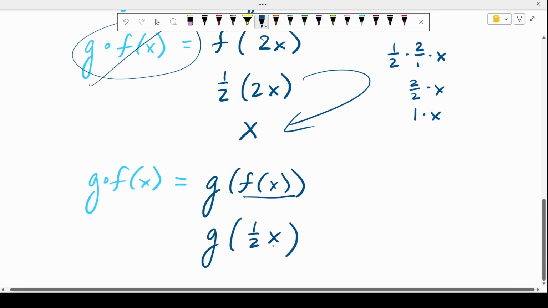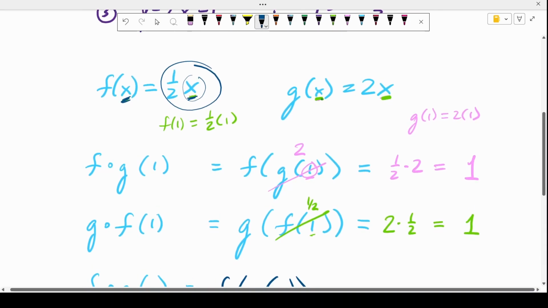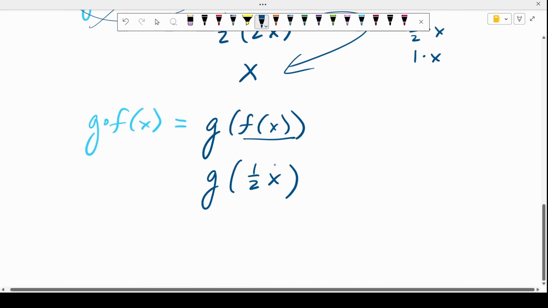But g of 1/2 x, the function g says wherever I see an x, I have to put whatever my argument is. So I'm going to have 2 times my argument. My argument in this case is a 1/2 x. So I'm going to have 2 times 1/2 x, which is x. Interesting.